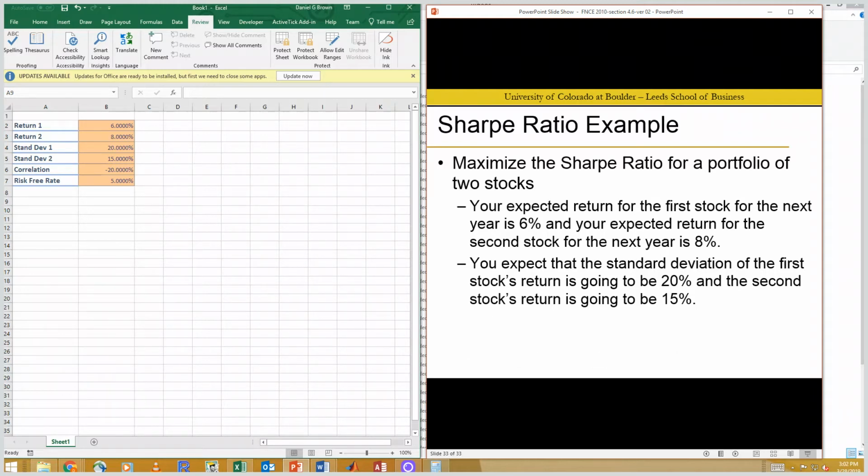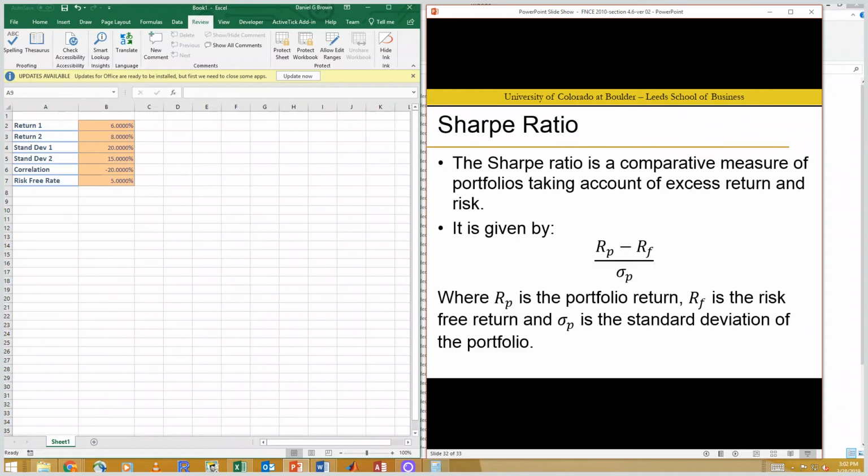The challenge with this approach is that this formula is a little bit messy. So I'm going to use Excel to find a shortcut.